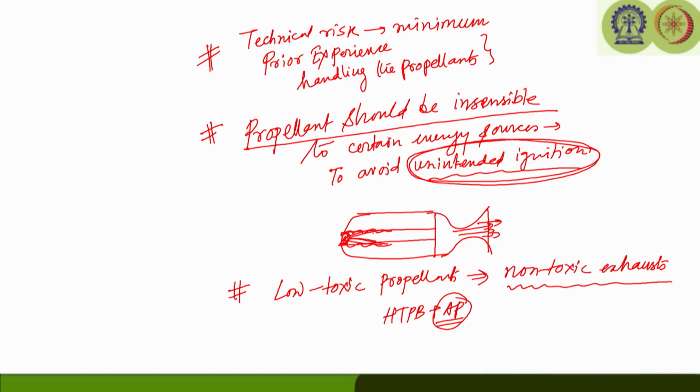On decomposition of ammonium perchlorate, it is going to create some chlorine compounds and HCl, which are not really good for the environment, because they are very reactive, they are not really benign to the environment. So, although we are saying these things, the major oxidizer used for solid rockets still does not have the environmentally benign quality in terms of exhaust gases.